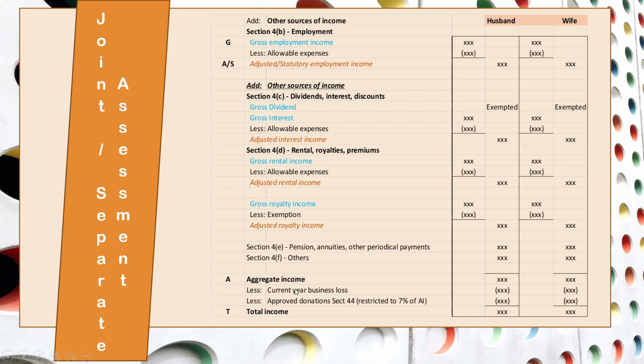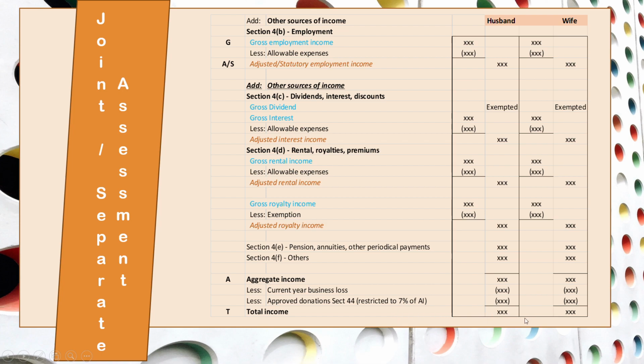It's only approved donations under section 44. In the case of an individual, it is restricted to 7% of your aggregate income. Therefore, if you want to maximize your claim, you have to plan. But if you are generous, it doesn't matter. So aggregate income minus these two at this moment will give you your total income.